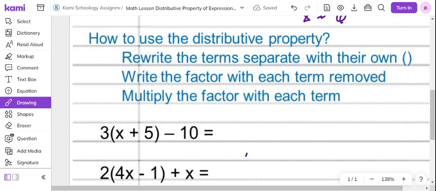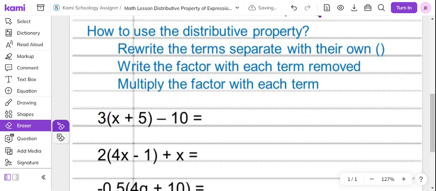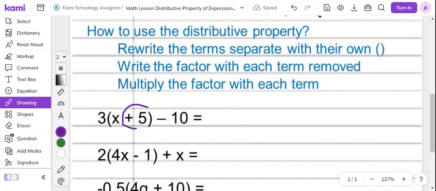So down below, we have one term and two terms. And let me make sure I circle the sign to the left. And we're just going to take them out and separate those terms. And then we're going to give each one of them their own parentheses.